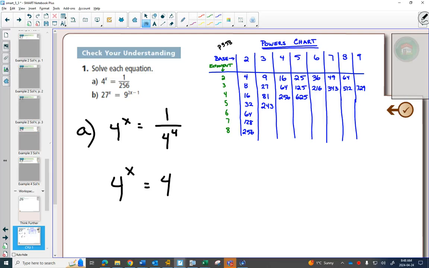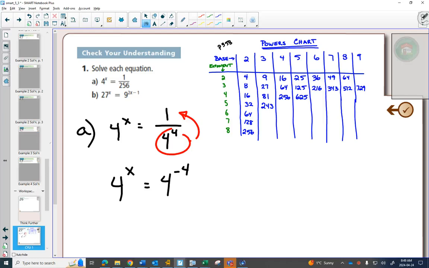Basically what I want to do is take this and move it to my numerator. How do I do that? What exponent law does that? Our negative exponent law says if you have a negative exponent, you can move it from numerator to denominator or denominator to numerator. It just switches where it is.